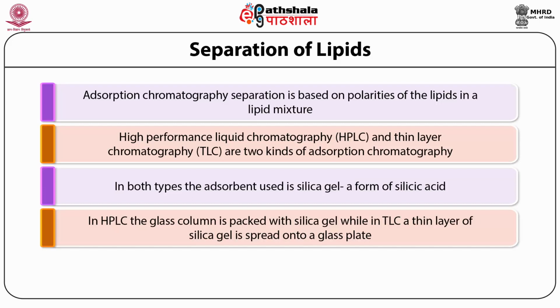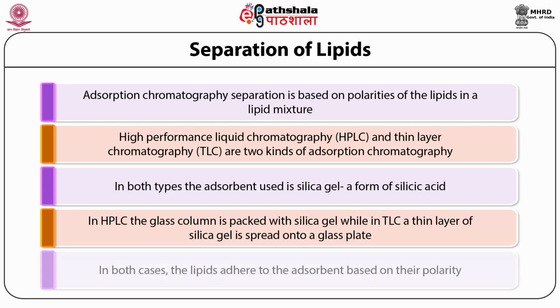So what is the mobile phase here? In HPLC, the glass column is packed with silica gel, while in TLC, a thin layer of silica gel is spread onto a glass plate. In both the cases, the lipids will adhere to the adsorbent based on their polarity.